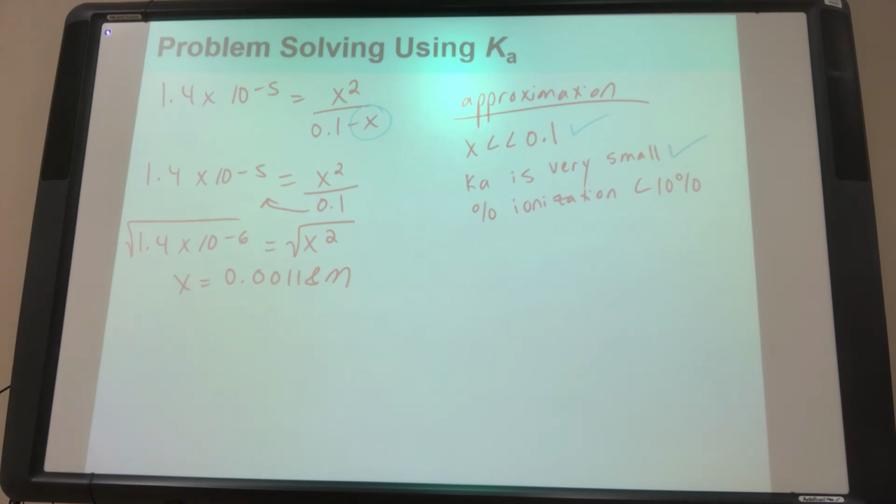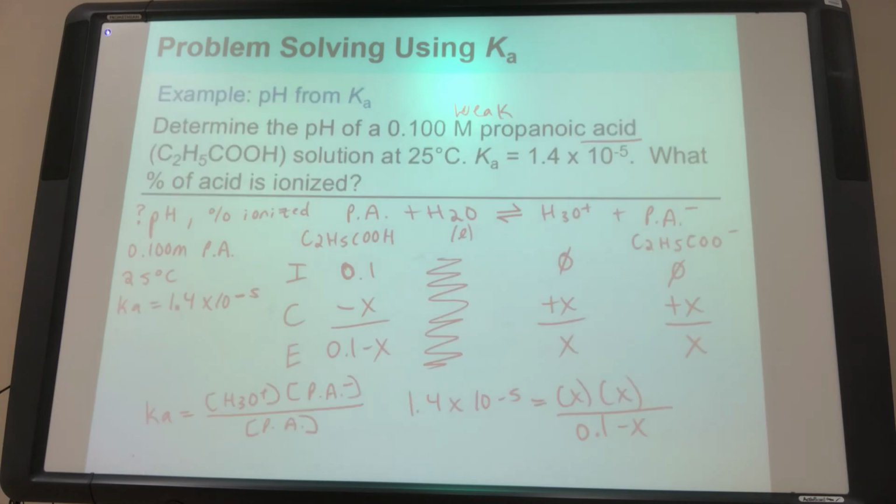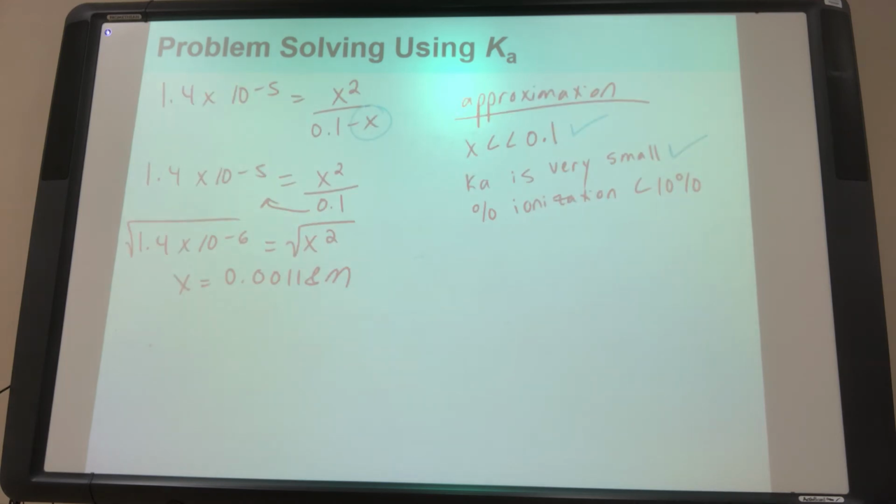So now that we have x, what were we trying to find? The whole point of this problem was to find pH. pH is negative log of the hydronium, so I needed the H3O+. The H3O+ is just x. If I know x, I know H3O+, so now I can solve. pH is negative log of the H3O plus.